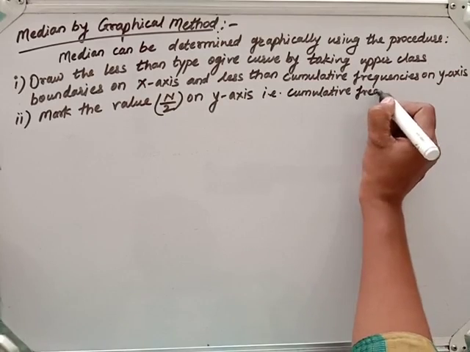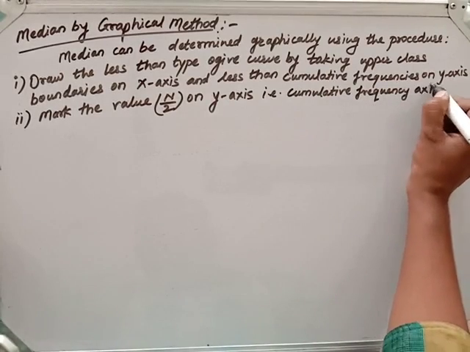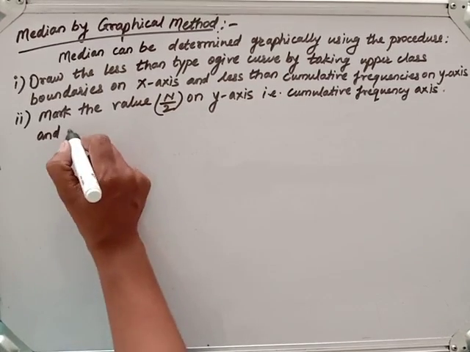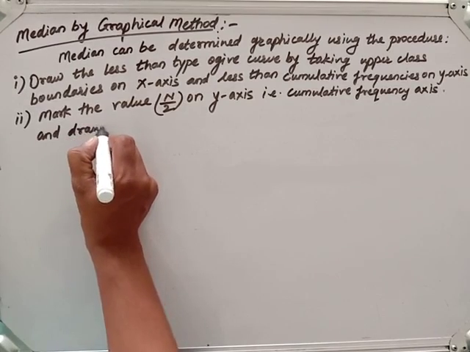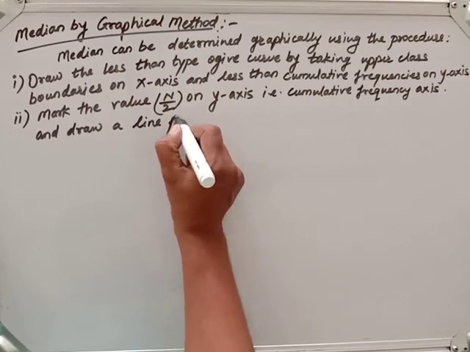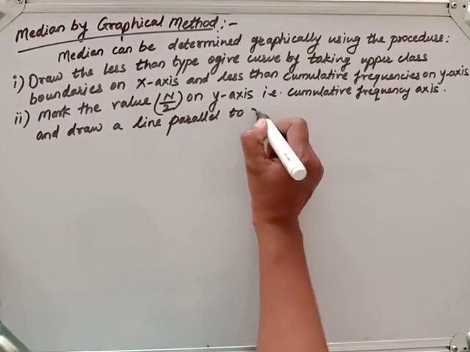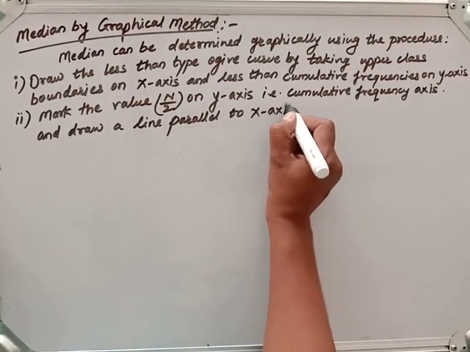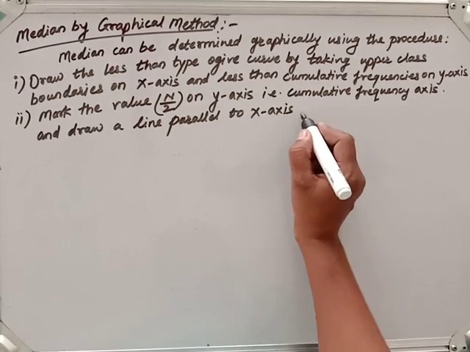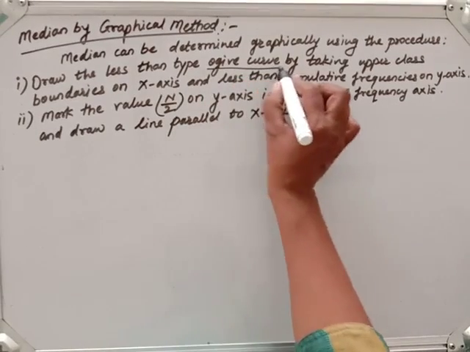And once we mark that value, draw a line parallel to x-axis from that point, from this n by 2, and obviously it will meet somewhere to this ogive curve.